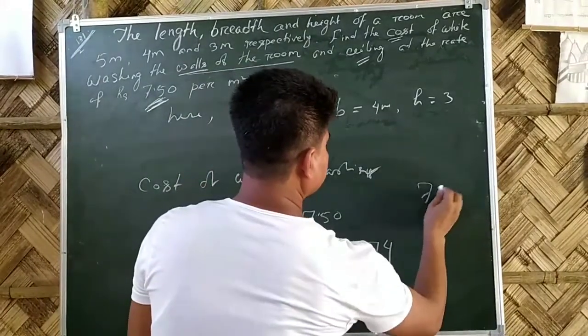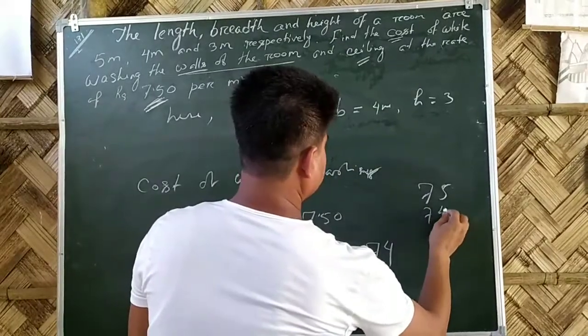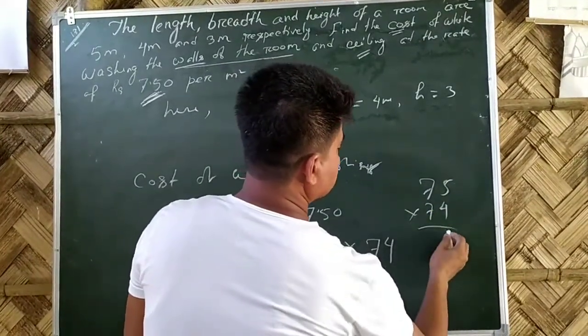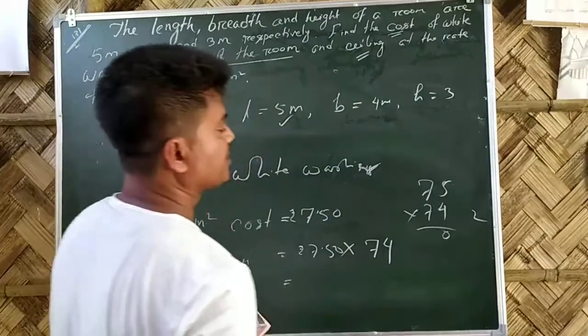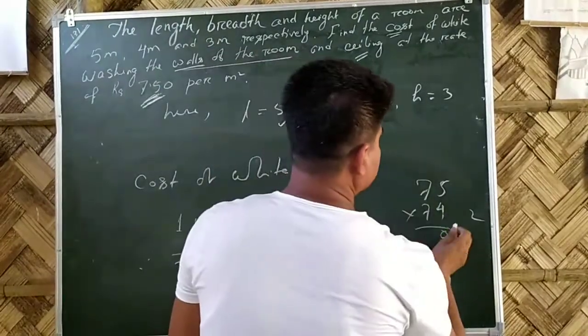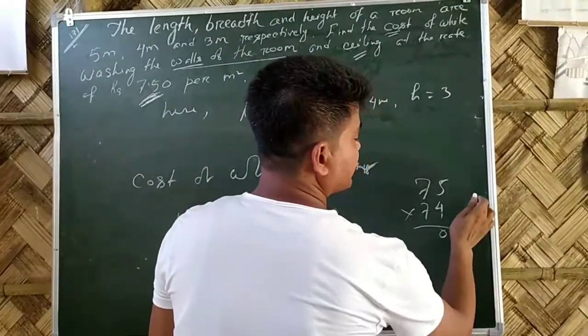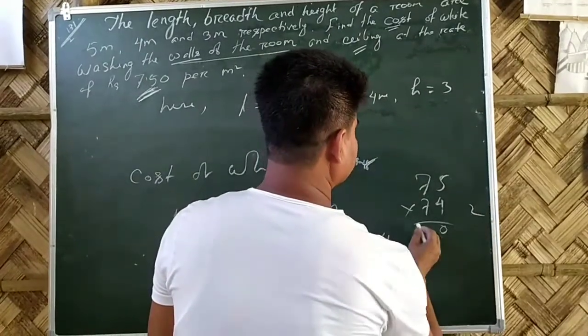If we multiply it, we get 750 and 74. Let's multiply it. 5 fours are 20, and 7 fours are 28, 28, 29, 30.